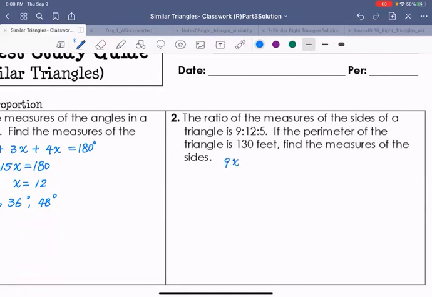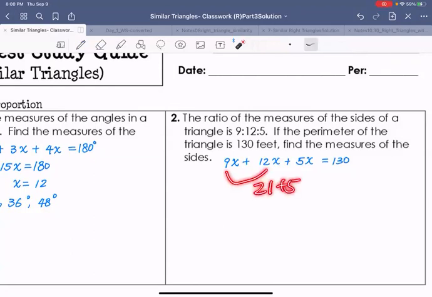So you do 9x, 12x, and 5x. What will happen? You add them together, equals 130. Yes, go ahead. 26x equals 130. Hold on.